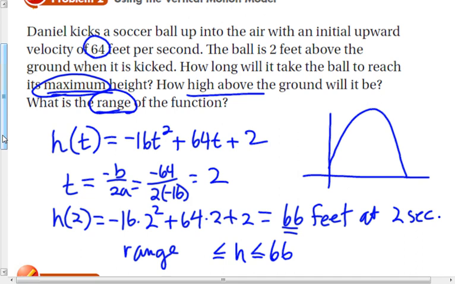And the lowest it ever gets is when it hits the ground, which will be 0. Okay, so you could also write it using interval notation. You could just use a bracket, 0, 66 for a range. All right, you try that.